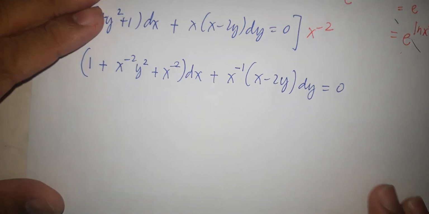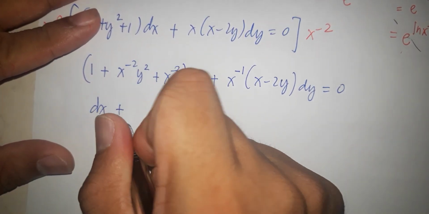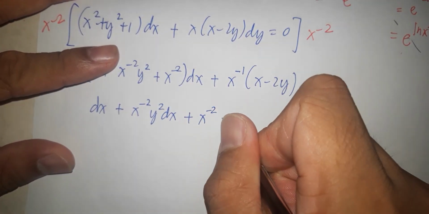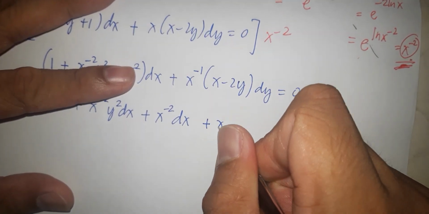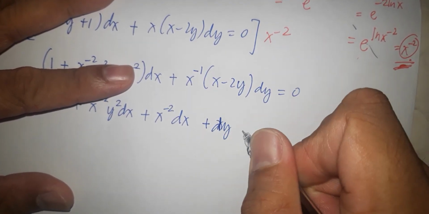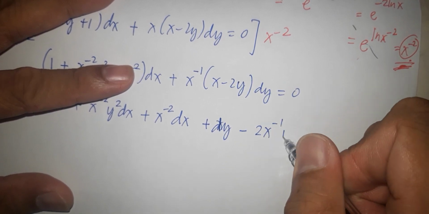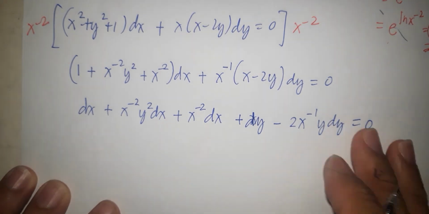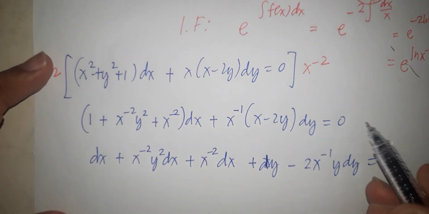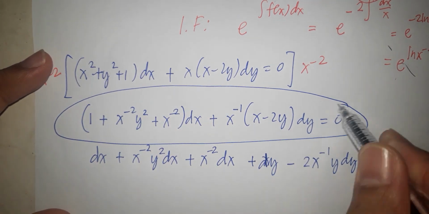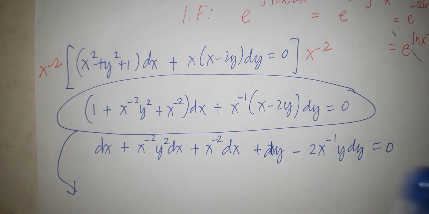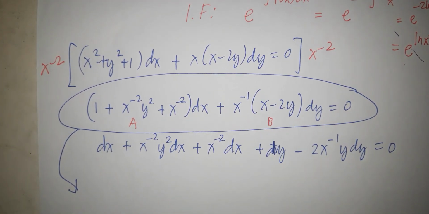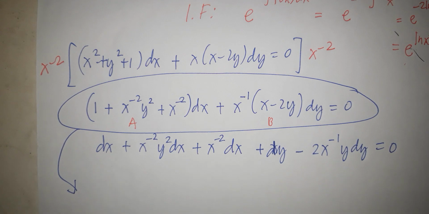So, magiging siyang dx plus x negative 2y squared dx plus x negative 2 dx plus 1 multiplied by dy na lang minus 2x negative 1y dy is equal to 0. So, magpa-factor na lang tayo. Or, pwede naman, since exact na siya, pwede tayong gumamit ng notation or yung ginamit nating way kung paano natin siya ma-solve gamit ang exact.